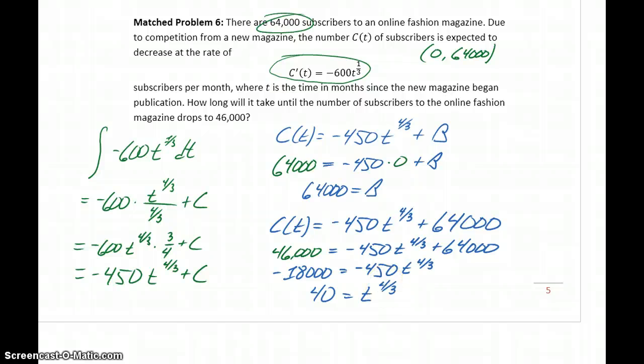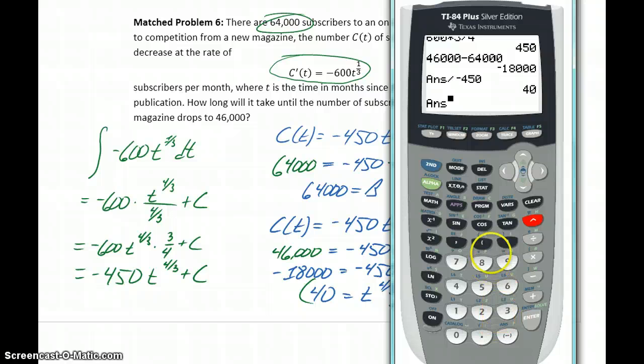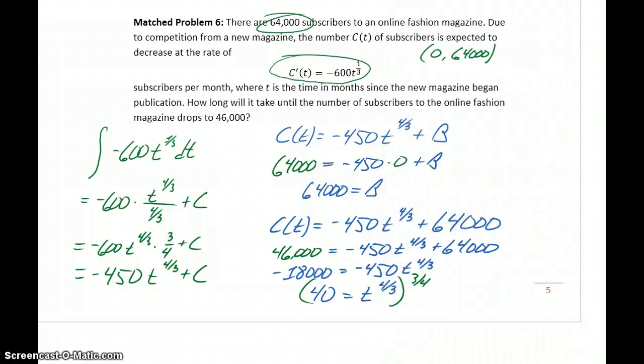So in order to cancel out that 4/3, we'll raise both sides to the 3/4 power. So 40 raised to the 3/4 power will be about 15.9.